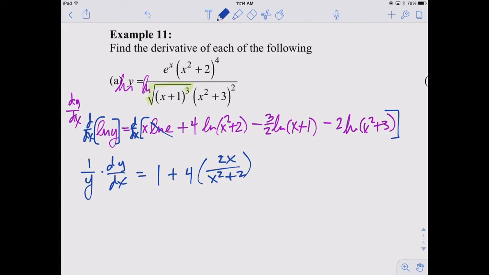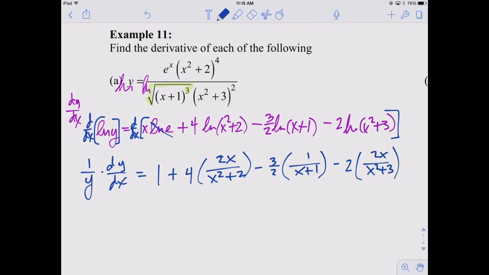Blob prime over blob. A little bit faster, a little bit tidier. Minus 3 halves. We're going to have the derivative of, or 1 over the blob, so it's 1 over x plus 1, times the derivative of x plus 1, which happens to be 1. And then the last term, 2 goes along for the ride. 1 over blob times the derivative of the blob in the numerator. And there's the right side.